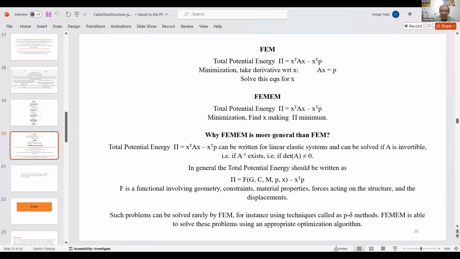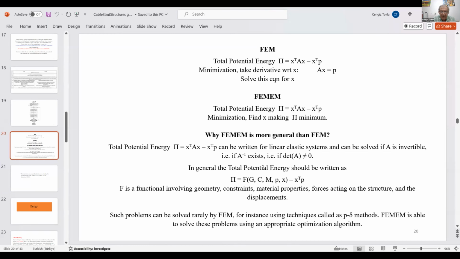We will, in that case, be able to write a functional, which involves geometry, constraints, material properties, forces acting on the structure, displacements, etc. Everything is in there in an implicit way, so that cannot be written in an explicit way.